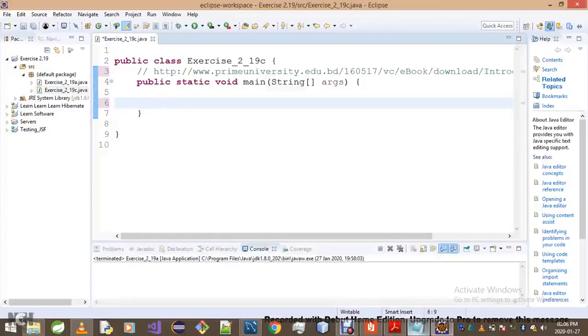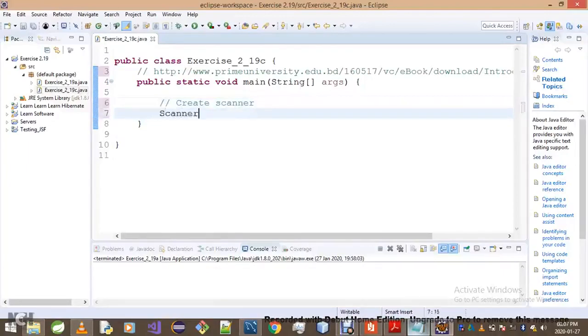Okay, so it's actually time for us to do the coding. Firstly, student A did not comment some portion of his code. For instance, it didn't let us know that he was creating a scanner.